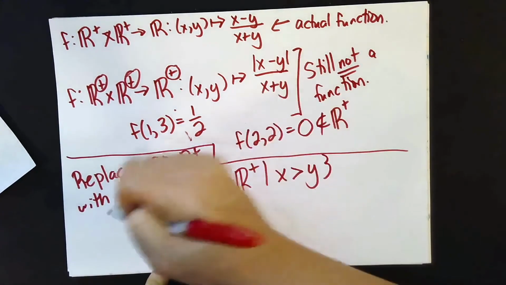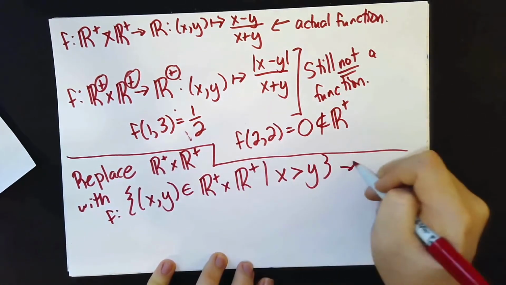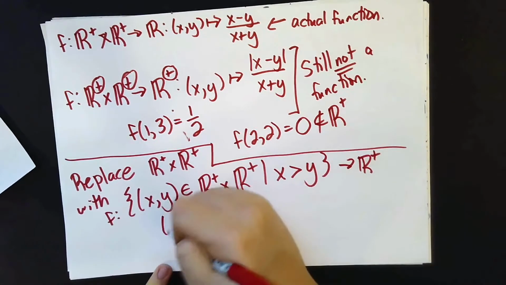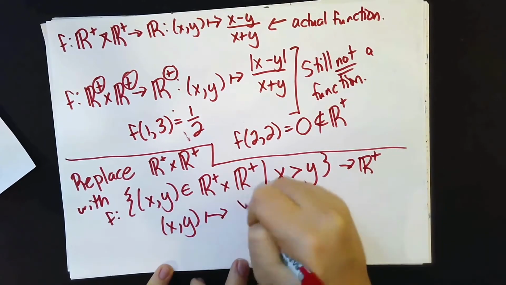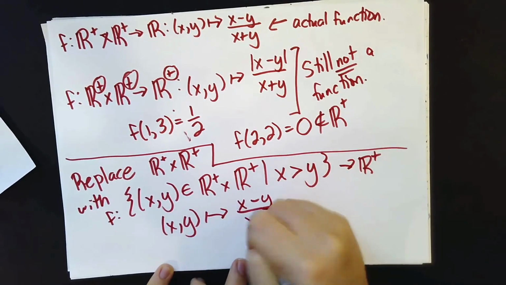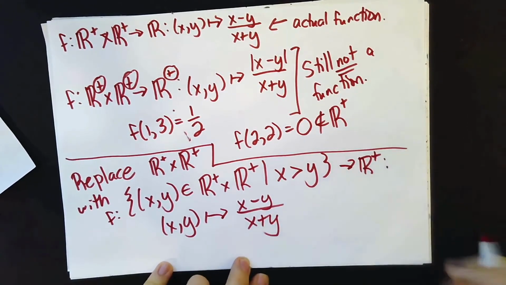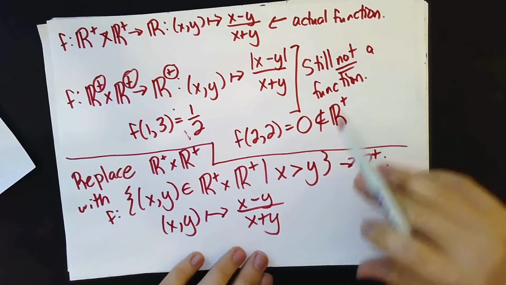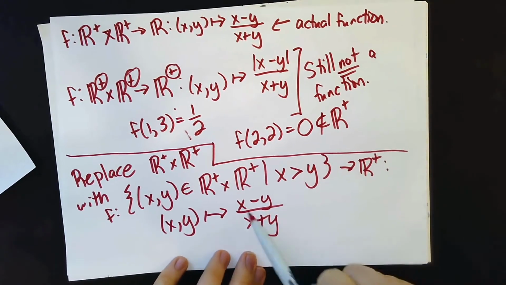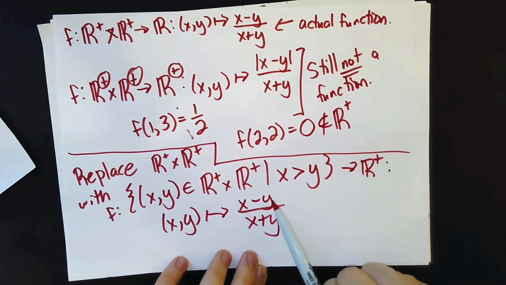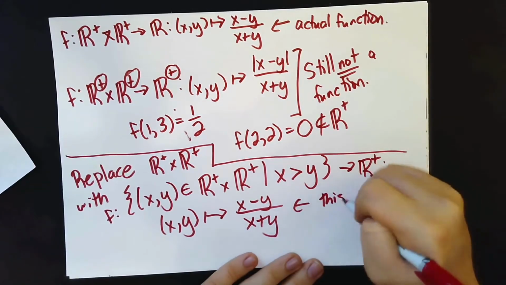And then you can write down this function f from this to R+ that takes (x, y) to (x minus y) over (x plus y). And now, because of the condition that x is greater than y, x minus y is still positive, and so this is actually a function.